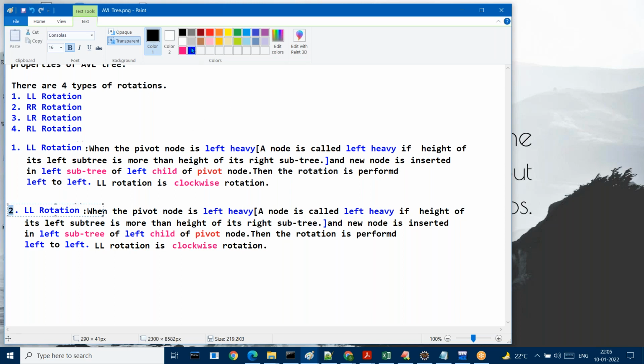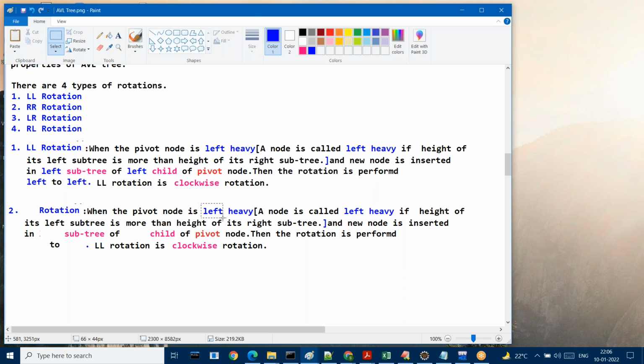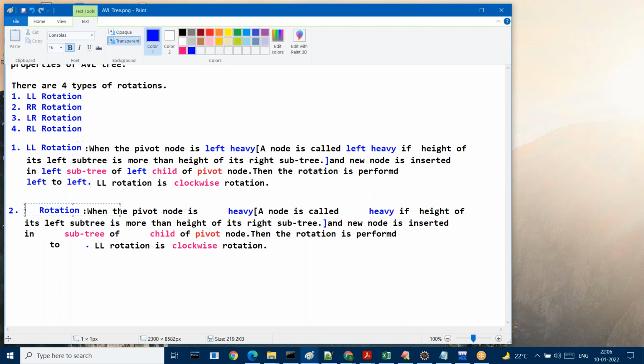So what will I remove from here? This left will be removed. Left, remove. Then, sir, this is RR rotation.